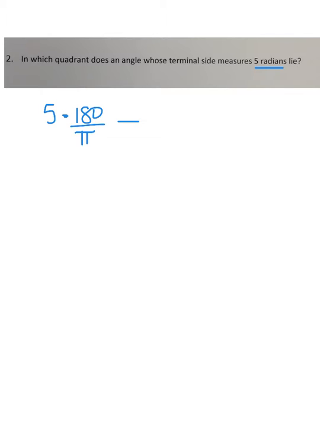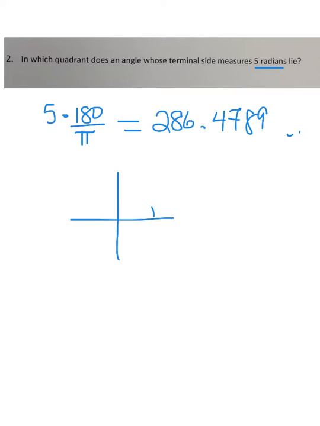When you do that, you're going to end up with 286, and it's a decimal, 0.4789, and so on. Let's just look at 286. So this is 90, 180, 270. So 286 puts me right here in the 4th quadrant.